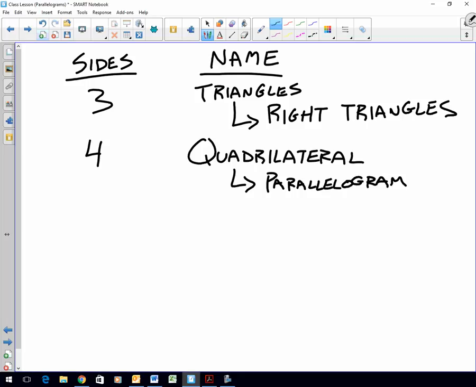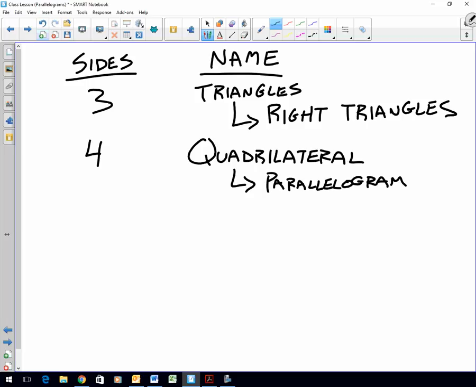Not every quadrilateral is a parallelogram. It's possible to have a four-sided shape without it being a parallelogram, correct? It's possible.